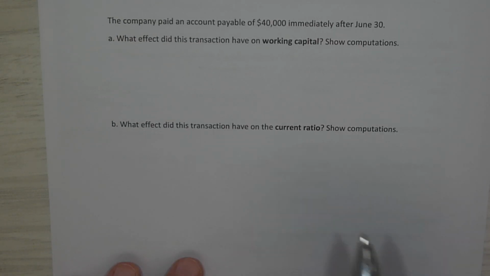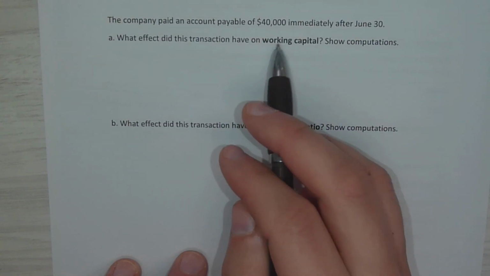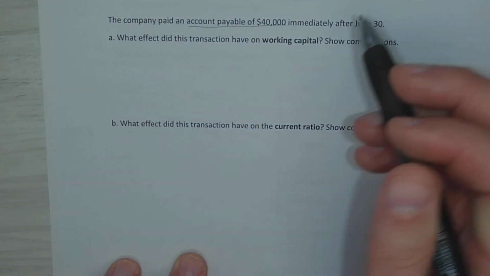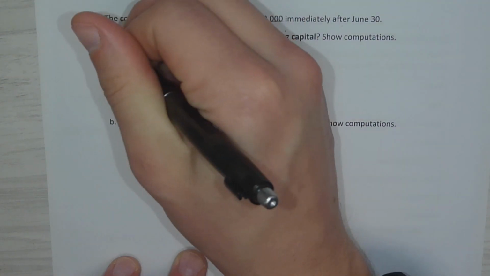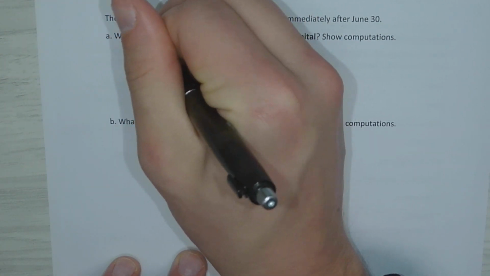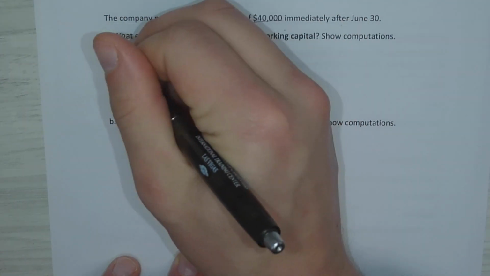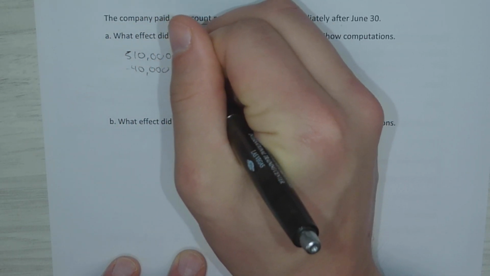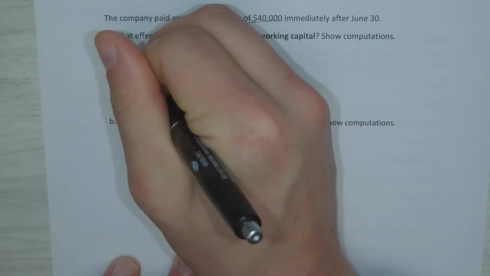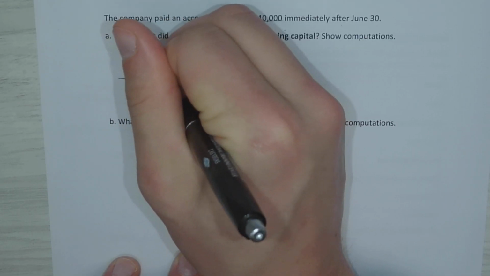Next, the company wants to know what would happen to working capital if we paid accounts payable of 40,000 immediately. So what would happen? Well, our current assets were 510,000, but we're going to less 40,000 in cash, to bring us to 470,000.